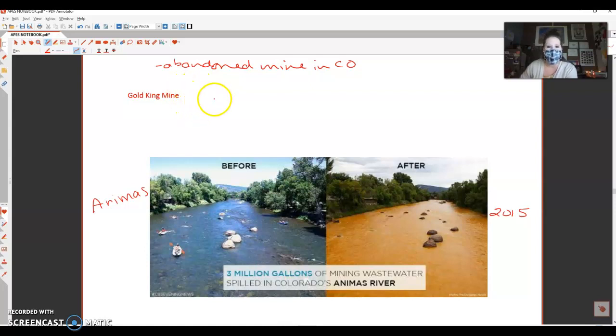There was some wastewater that was trapped in there that they were trying to clean out. And in the process of them trying to clean it out, they actually caused all of that wastewater to drain out of the mine and into the Animas River. So the EPA is the one that actually caused this to happen. So the EPA, or the Environmental Protection Agency, caused the accident.